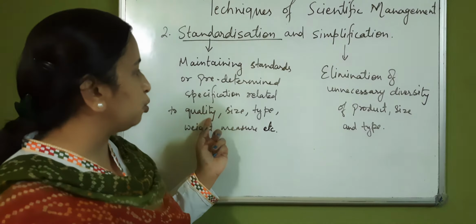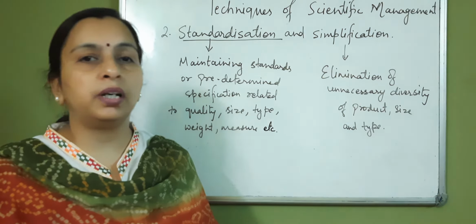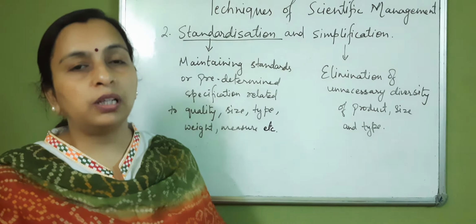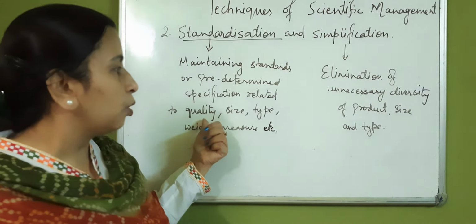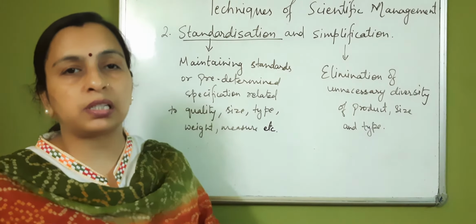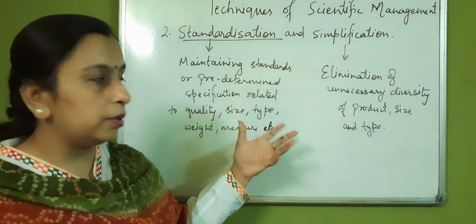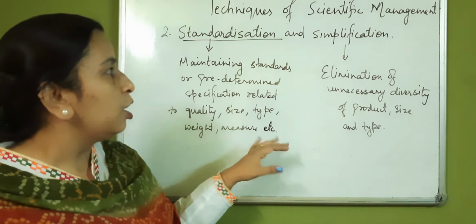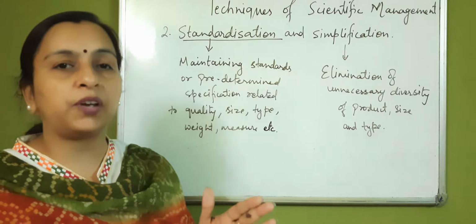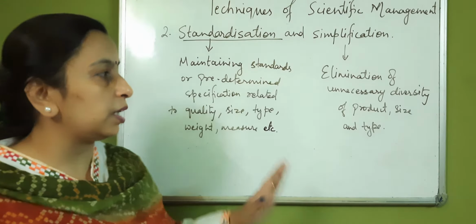They can be related to quality, or to size, meaning the particular size in which the product should be manufactured. Then the type of product, the weight, the measure. So there are always specifications which are already mentioned, and production should always be done according to them.